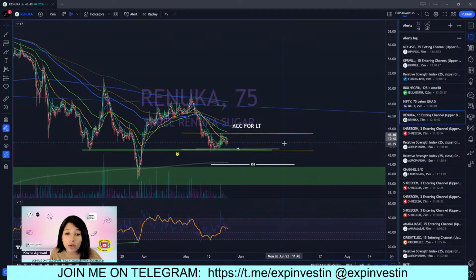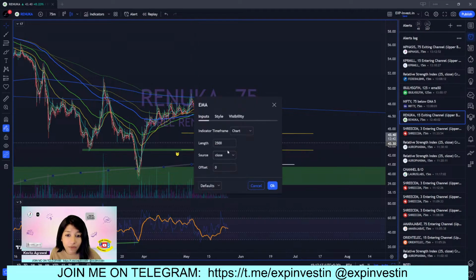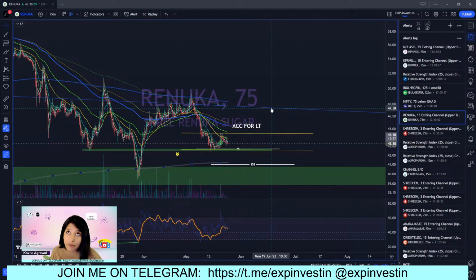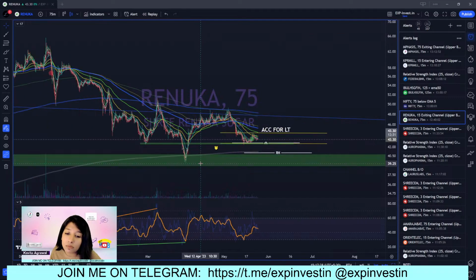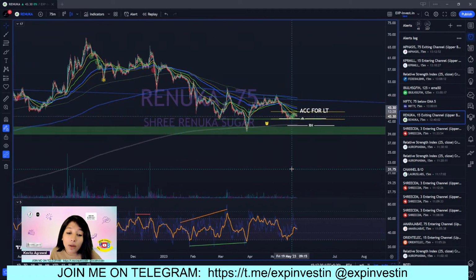Now let's take a look at the 75-minute time frame, and here again we see the 500 EMA on the daily time frame, which is basically the 2500 EMA on the 75-minute time frame, visible here despite some drawing tools.